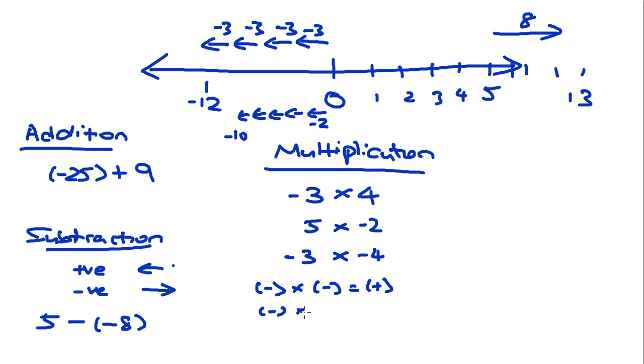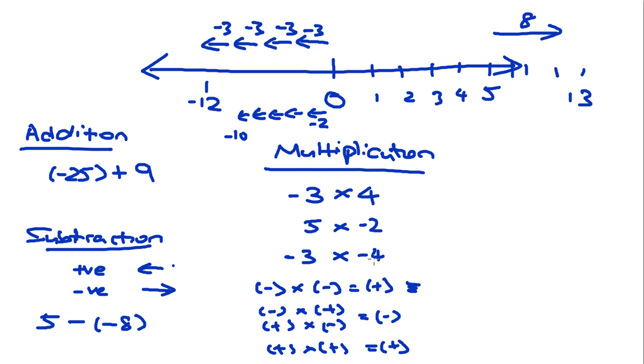If you have a negative number multiplied by a positive number, or a positive number multiplied by a negative number, you get a negative number. And positive times positive, as you know, is the usual way, you get a positive number. So the only exception you really have to take note of is where a negative number multiplied by a negative number gives you a positive. This is a rule, and you have to remember it.